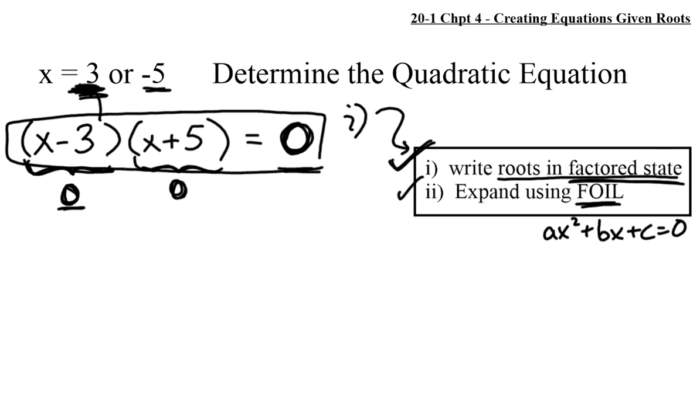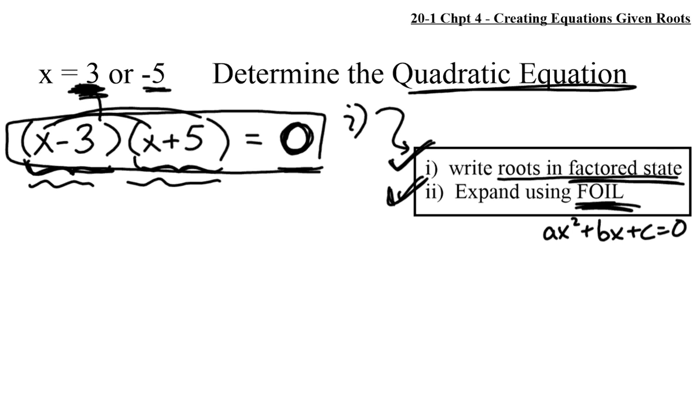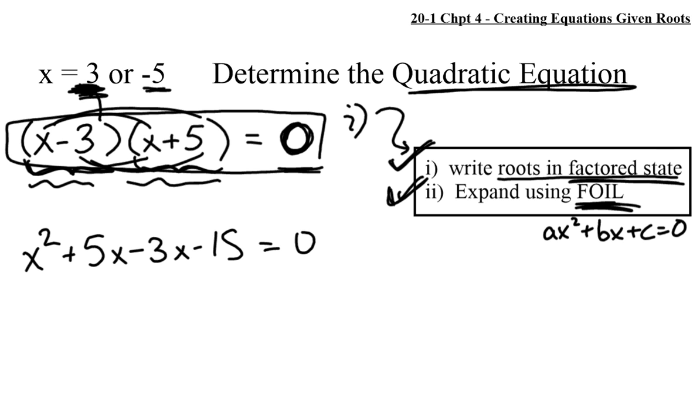But we're not finished because we want a quadratic equation. So now we need step 2, and we need to FOIL this. We're just going to take x minus 3 times x plus 5 and FOIL it. And that will give us x squared plus 5x minus 3x minus 15 equal to 0.